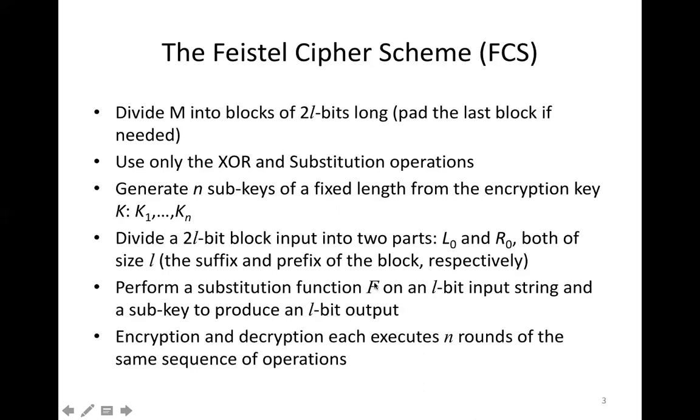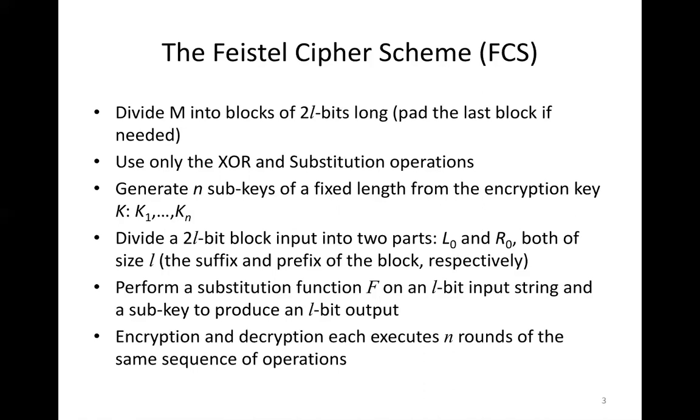So remember, this substitution itself may not form encryption. The other thing I would like you to keep in mind here is that any substitution will work for this Feistel cipher scheme. In other words, it is encryption and decryption, but of course, not all substitution functions would work well.